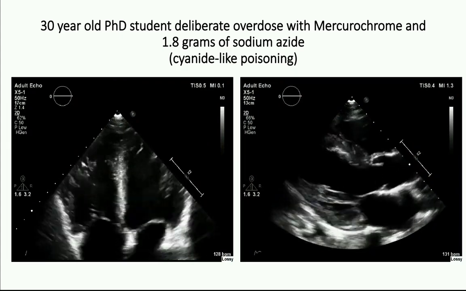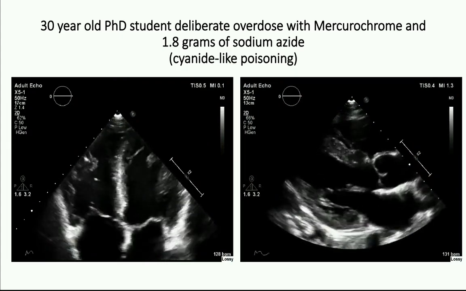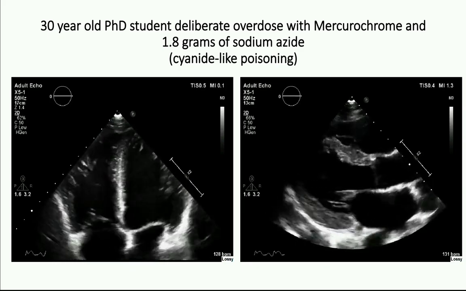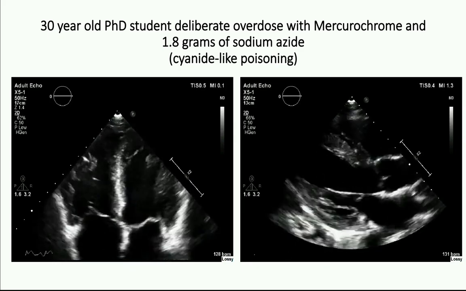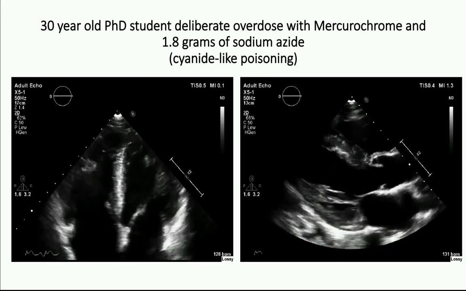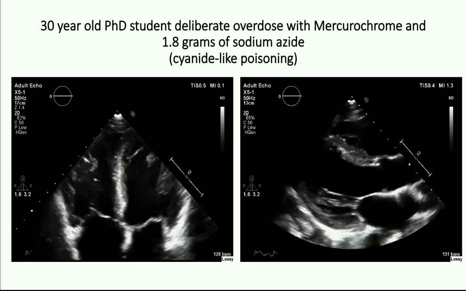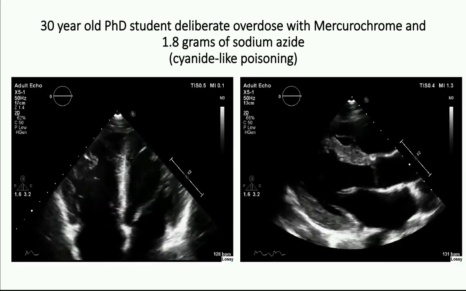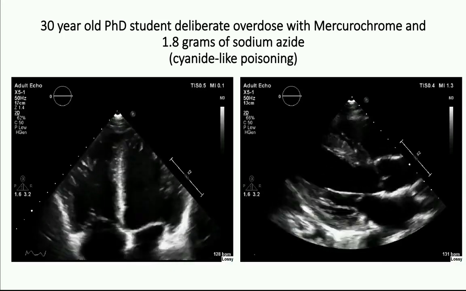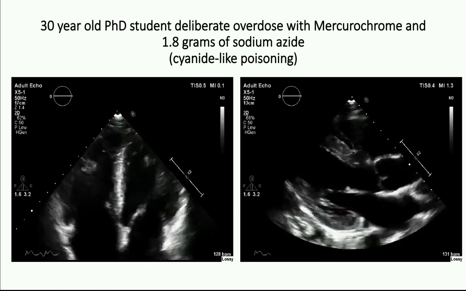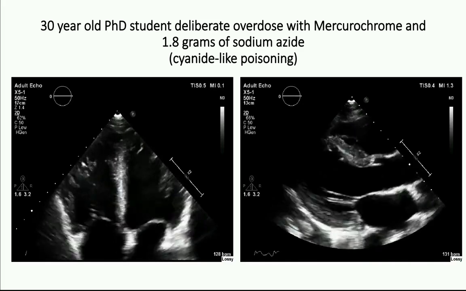Last case, this is a patient, 30-year-old, who wanted to commit suicide, taking a deliberate overdose of mercurochrome and sodium azide. These are the chemicals which are used by histopathologists to stain ATP. So essentially he took poison to block his ATP, which is everywhere, his brain, his heart.